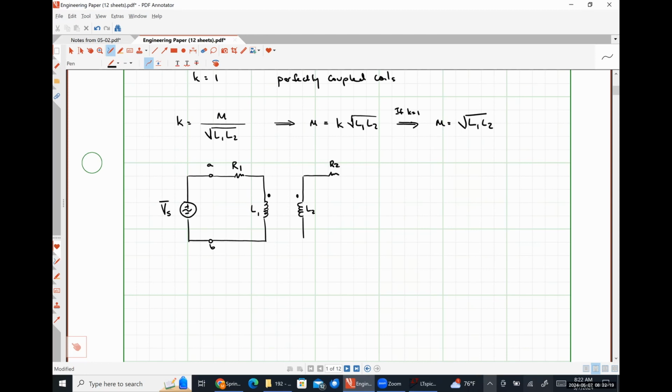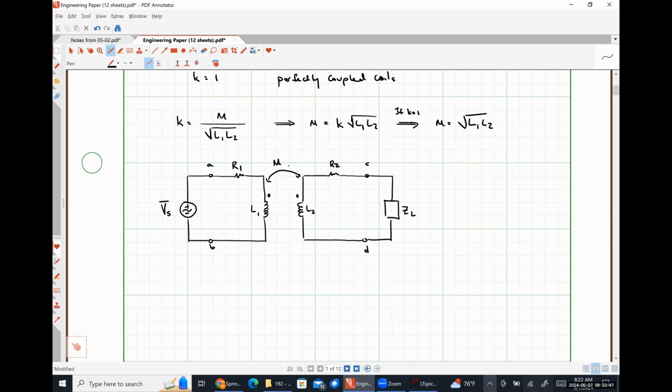Some resistance R2, representing the AC resistance of our second coil. I'm going to call this terminal C and D, and then attached to C and D, we might have some arbitrary load impedance ZL, and I'm going to specifically indicate my mutual inductance here.